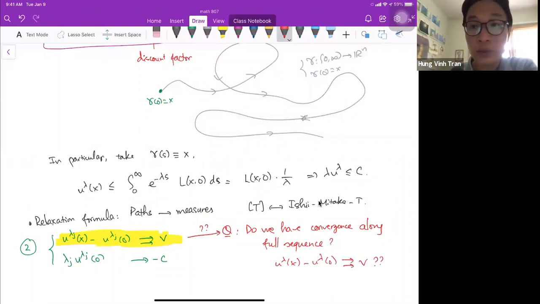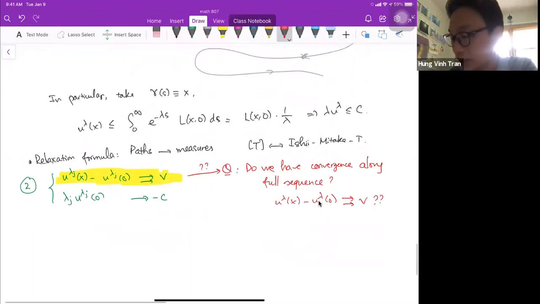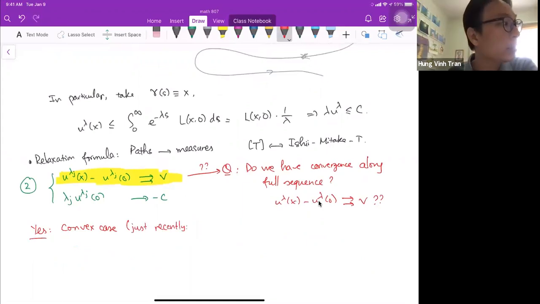It turns out that this question, although it looks simple, was very challenging. The answer is yes, affirmative in the convex case. In the convex case, that was done just recently, recently meaning maybe 5 or 6 years ago.